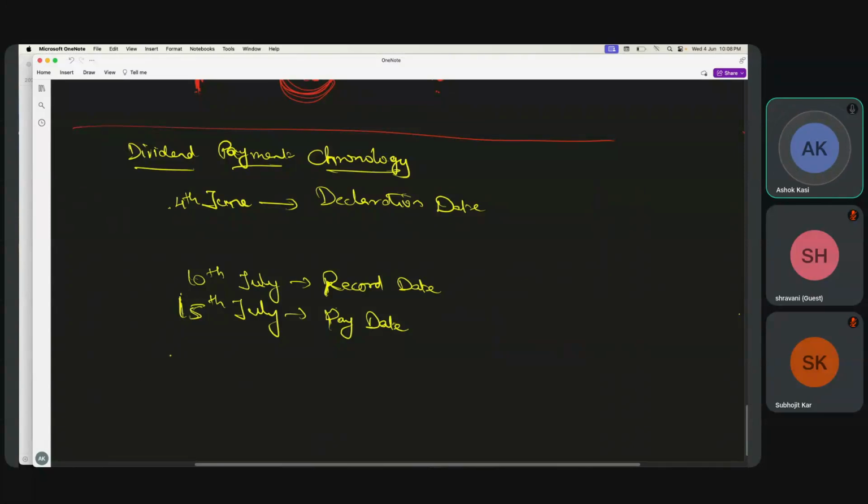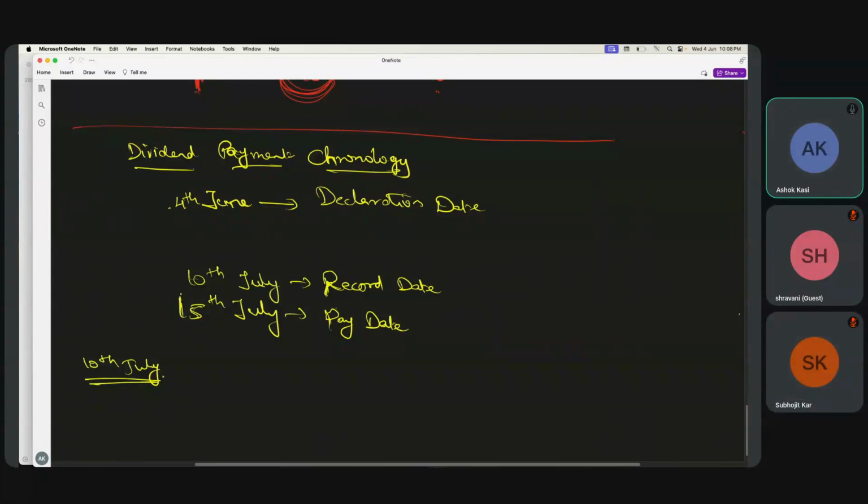Suppose you buy Reliance shares on 10th July, will you get dividend? No, sir, I don't think so. Why so? Is it T plus one or T plus two right now? It's T plus one, so we won't get the dividend, right? Yeah, in India it is T plus one.